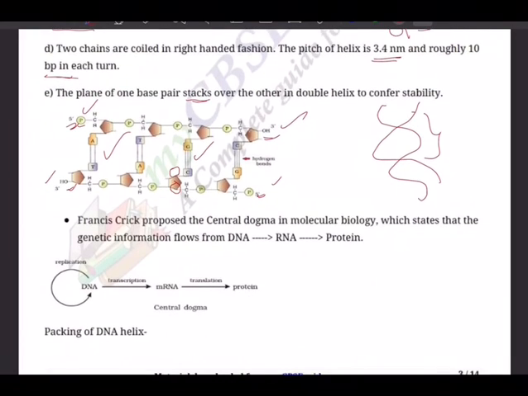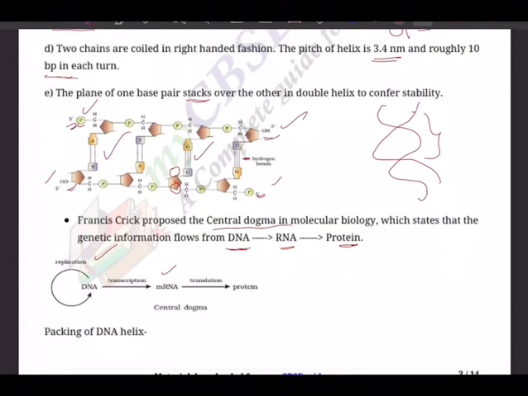And then Francis Crick, of course, thanks to the Professor, proposed the central dogma in molecular biology. What is that central dogma? It states that genetic information flows from DNA to RNA, and RNA to protein. So this is how the central dogma is. DNA forms RNA, in particular messenger RNA, and that messenger RNA gives a lot of information.